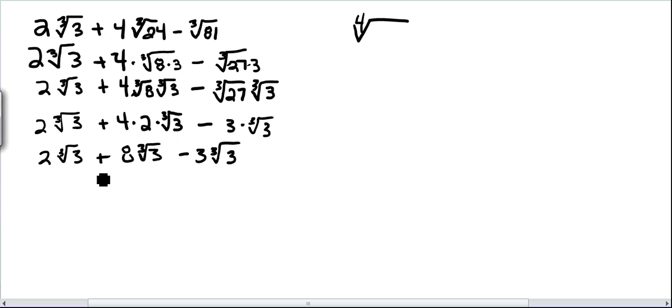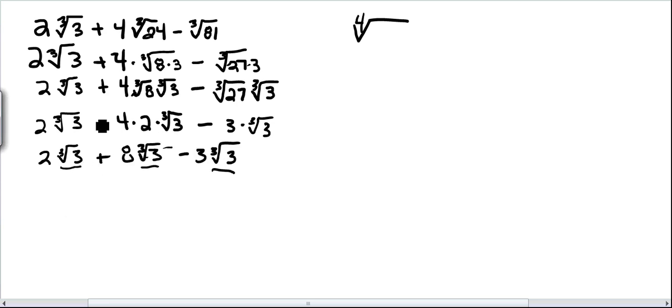Okay, so now that we've done this reducing and broken down these larger numbers into the combination of a perfect cube times some other number, as you can see, now all of our terms underneath the radicals match. That's what we needed in order to combine these together. If these all match, then you can almost think of them like x's.